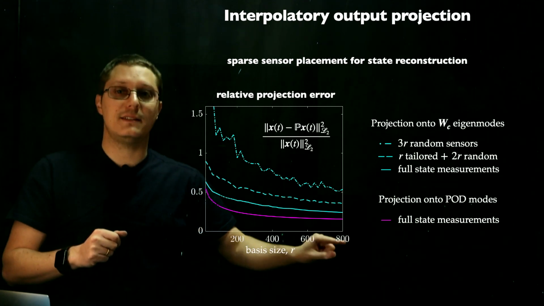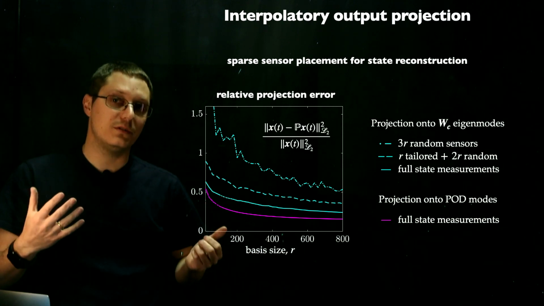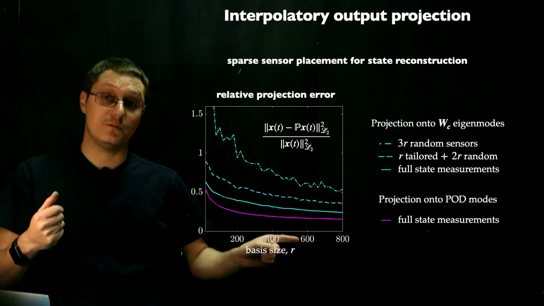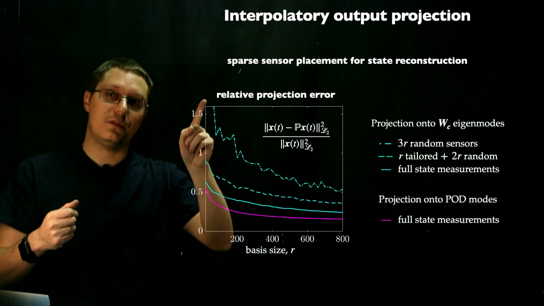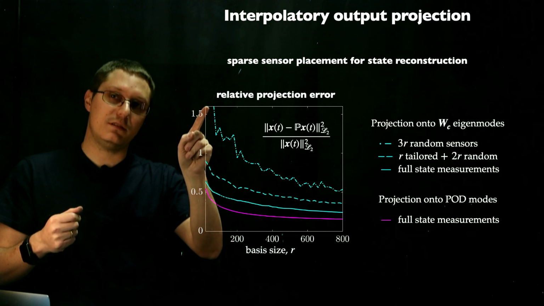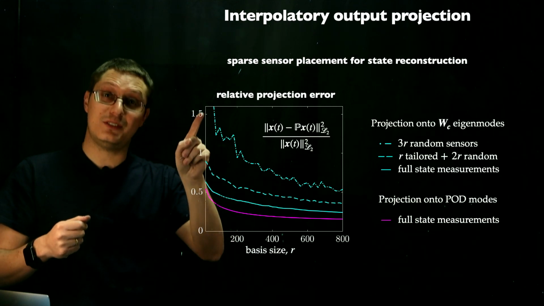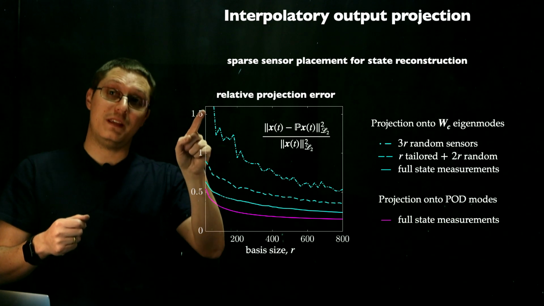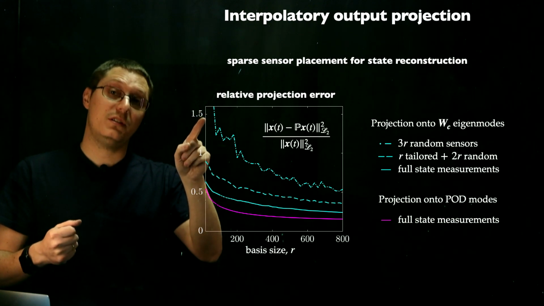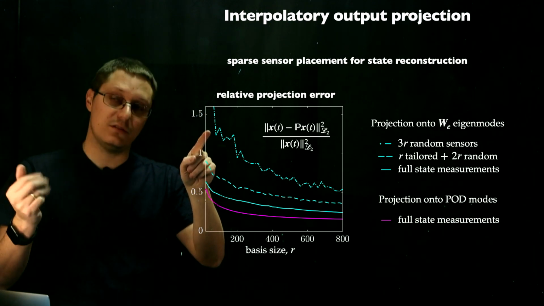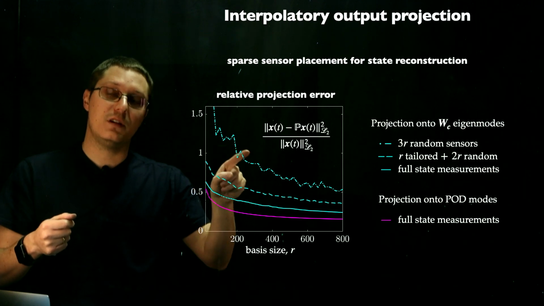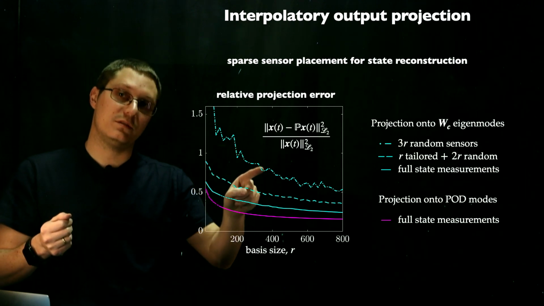And this axis has the rank of the reconstruction, so the rank of the projection. Let's start from the top. So that dashed line is the interpolatory projection using just random sensors. So this is 3R random sensors for a rank R projection.